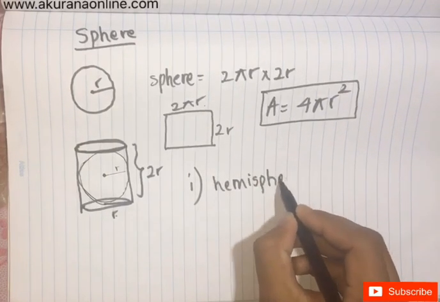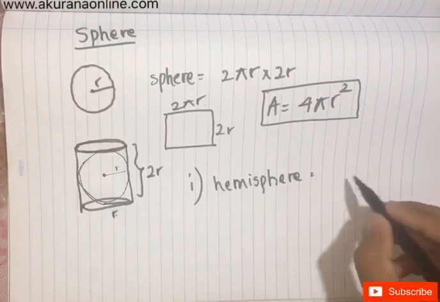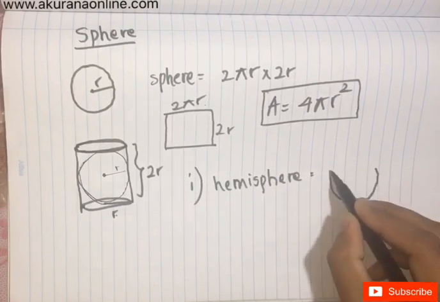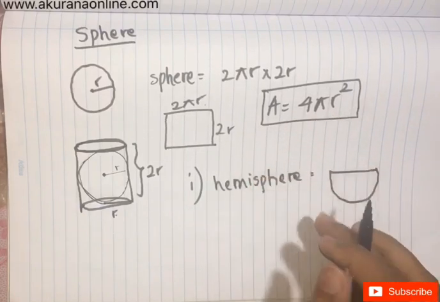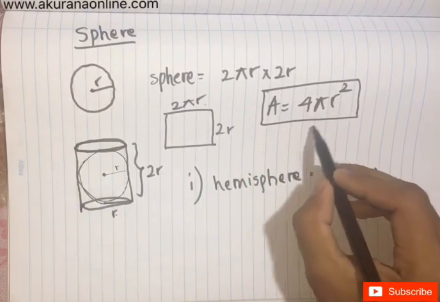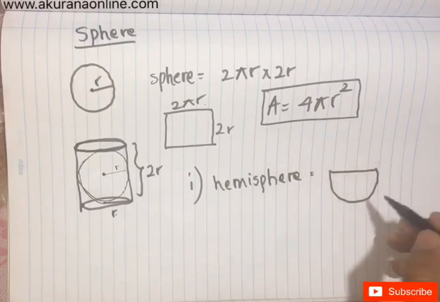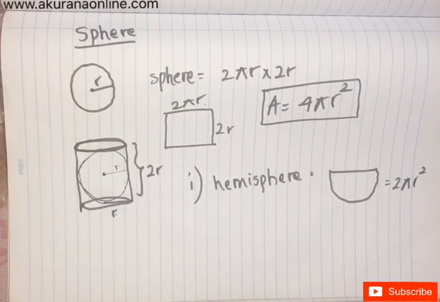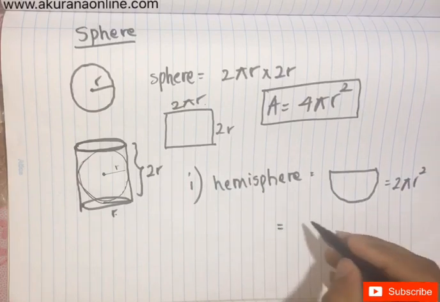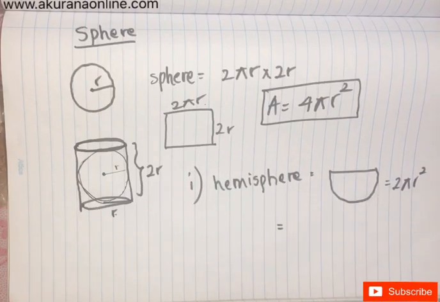How do you find it? A hemisphere is just part of the sphere, so you can find the total and divide by 2, or straight away divide by 2 and write the equation as 2 pi r squared. Anyway you like. Let me use 2 pi r squared then.